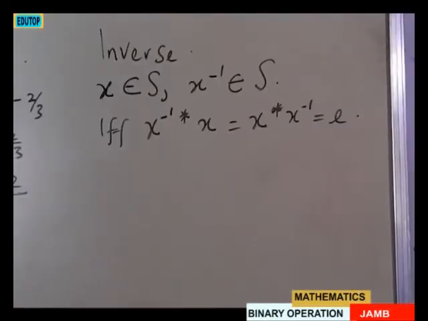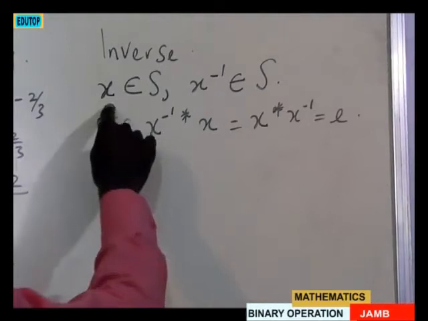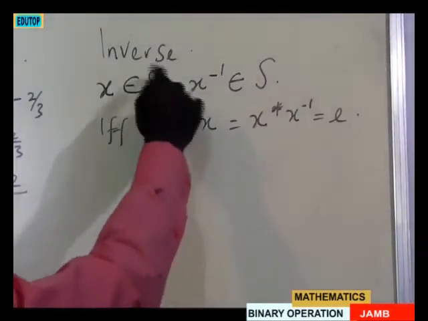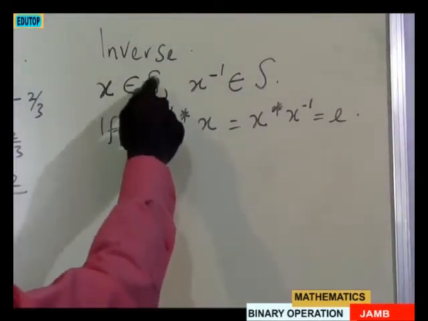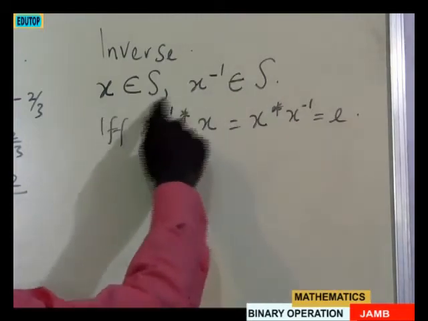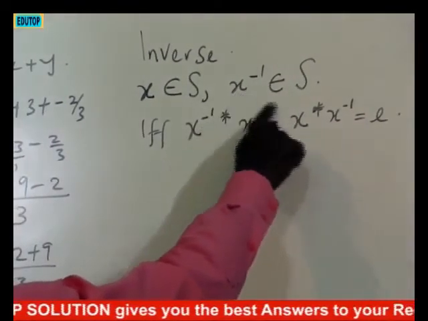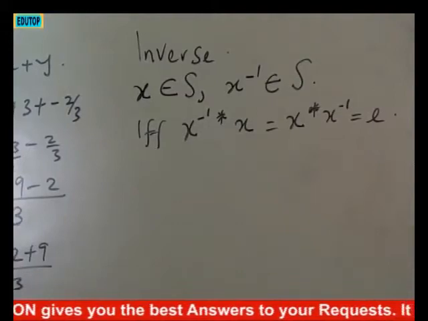So this is the relationship. That is, if S is a set of real numbers and x belongs to S, that means the inverse of x will also belong to the real numbers. And that's what you have.